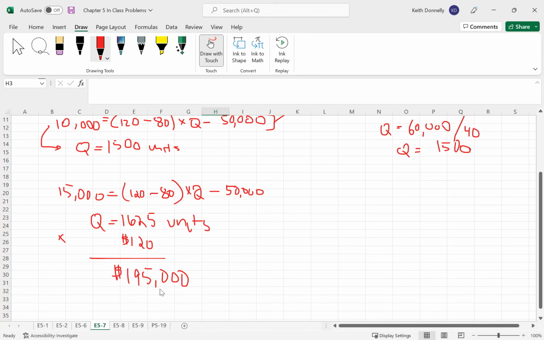It's going to get us $195,000. In other words, if we want a $15,000 profit based on our fixed and variable expenses and our sales, right, we'd have to sell $195,000 in dollar amount.